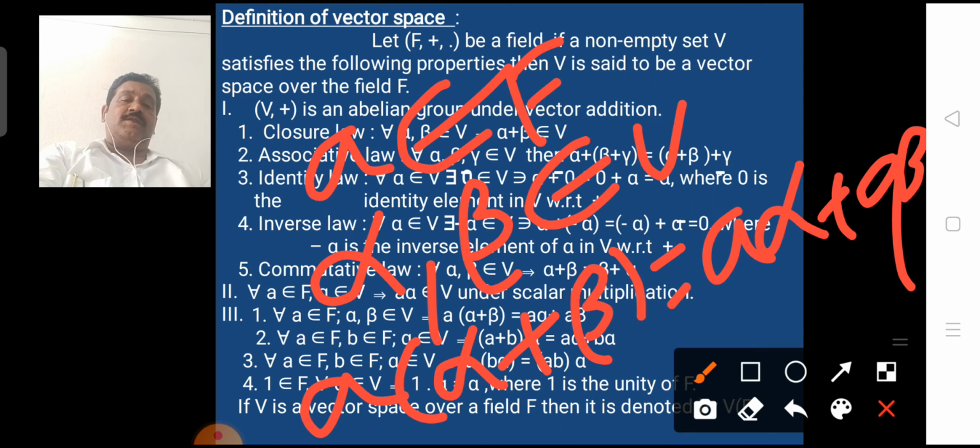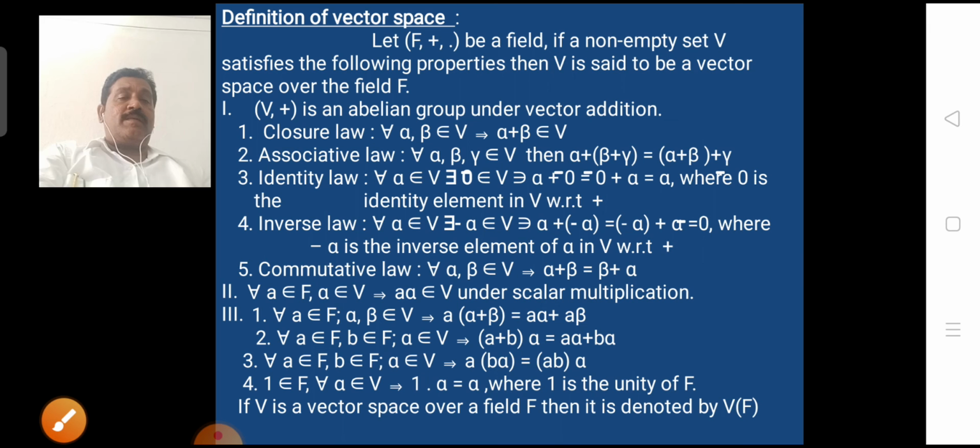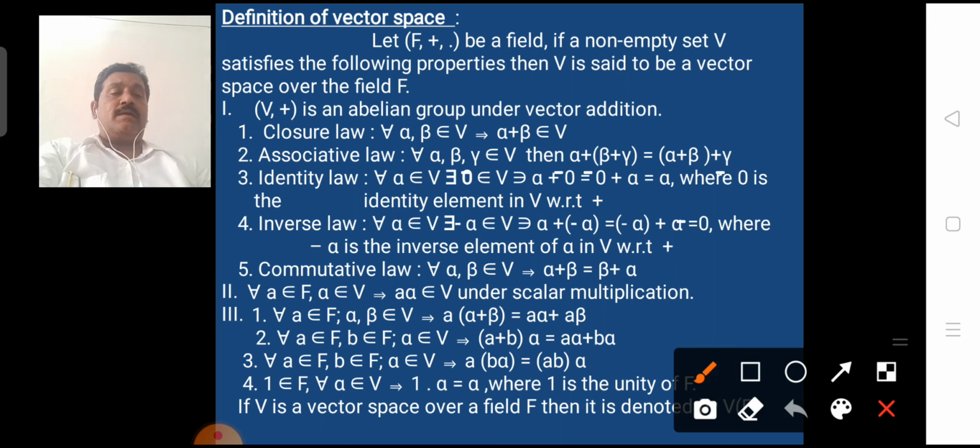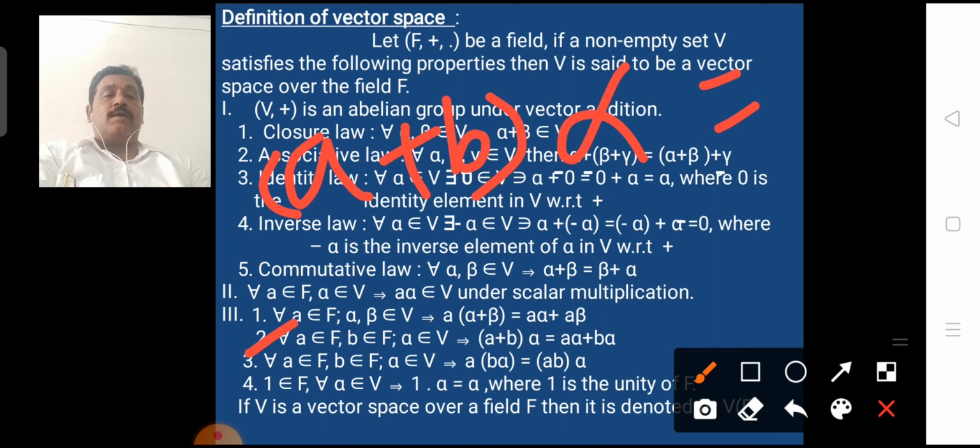This is the first property. And second one is for every a, b belongs to F and alpha belongs to V, (a plus b) into alpha is equal to a alpha plus b alpha.